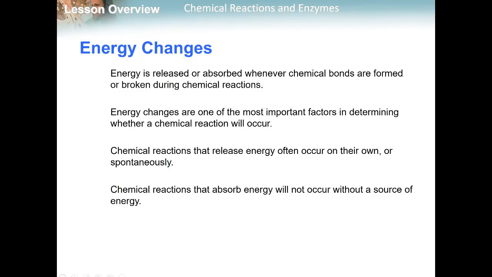You have a body temperature normally of 98.6. That body temperature is produced by reactions that are happening in your body. If the reactions are happening normally, you're going to be at 98.6.